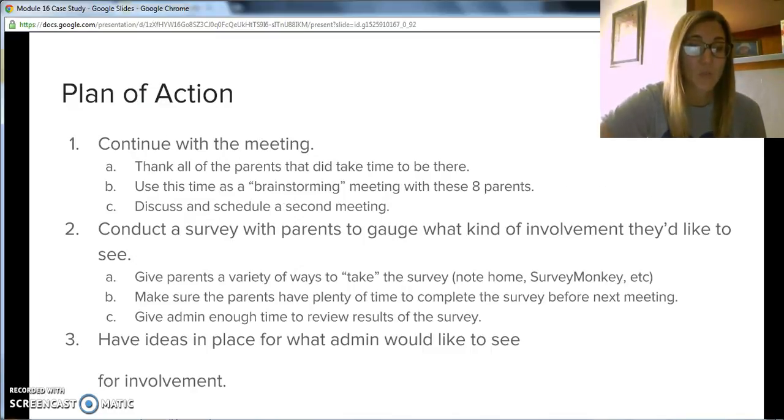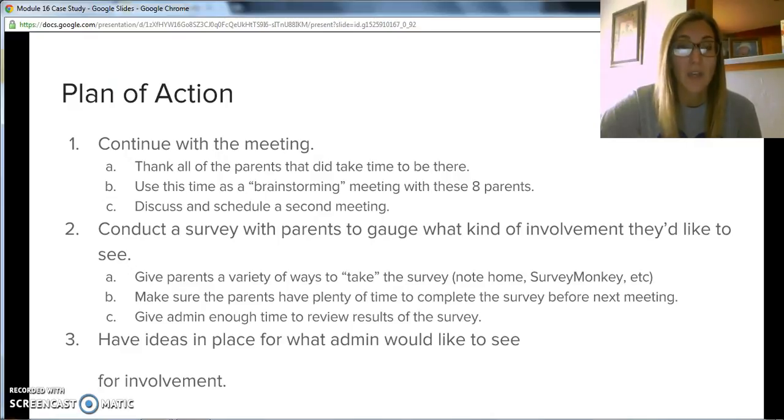My first plan of action would be to encourage and convince the head principal that we need to continue on with this parent meeting that we are about to have. There were 8 parents that showed up, so we need to take that time to show our appreciation and thank them for coming, especially since it was such short notice.